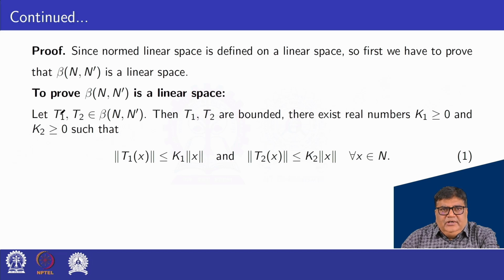Then T1 and T2 are bounded. There exist real numbers k1 greater or equal to 0 and k2 greater or equal to 0 such that norm T1x less or equal to k1 norm x and norm T2x less or equal to k2 norm x for all x belonging to N.